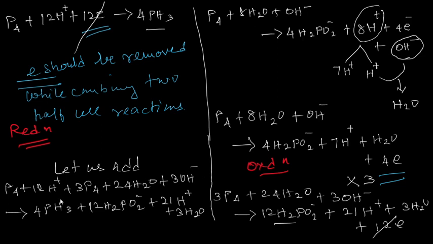So now let's see which elements can be further reduced. First, let's take the H plus on the LHS side. Before adding the H plus, we have to take the P4. Here P4 plus 3P4, by adding, we can combine it as 4P4. Next, H plus: here 12H plus and 21H plus will be solved and we'll get 9H plus on the RHS side.